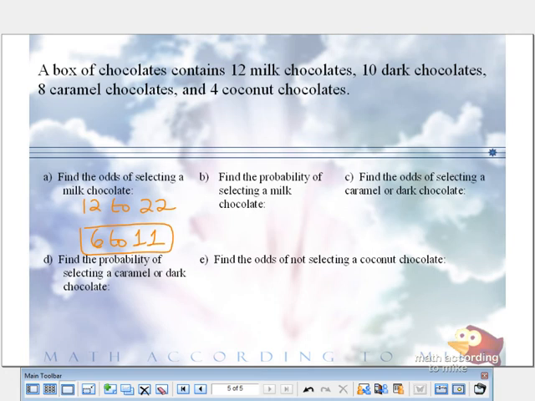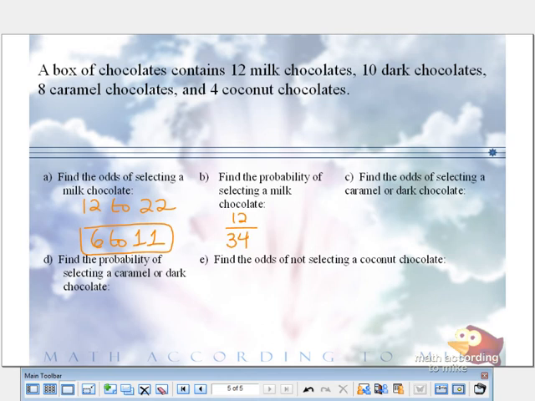You can use part A and these formulas here, or you can go back to the original problem. The numerator represents the number of milk chocolate pieces, which would be 12, over the denominator, the total number of pieces, which would be 34.